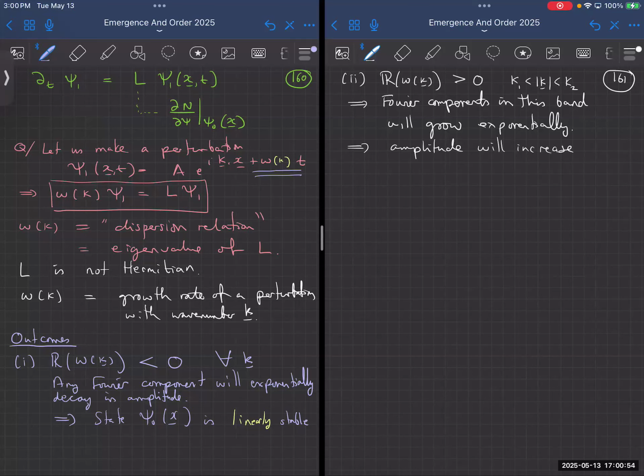So what we can say is the amplitude will increase and become non-infinitesimal, and that means it will grow out of the regime of validity of linear stability analysis.